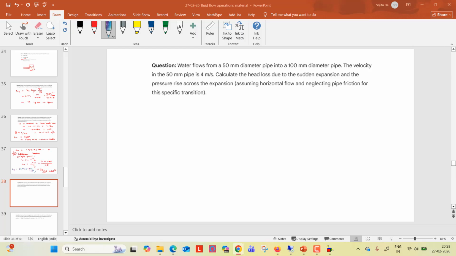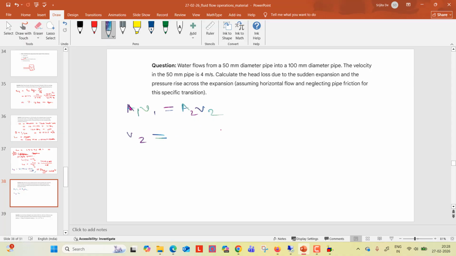So we have to calculate first the V2. It will come from A1 V1 equals A2 V2, so V2 will be A1 V1 by A2.